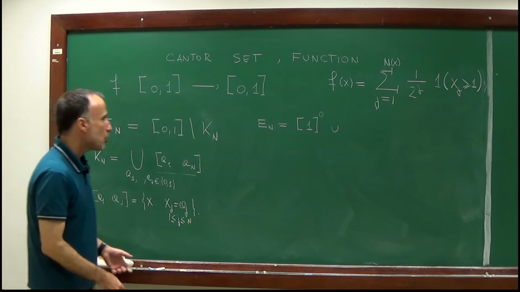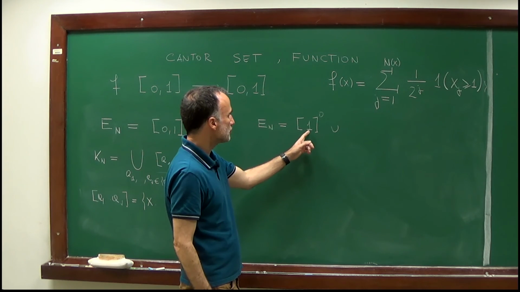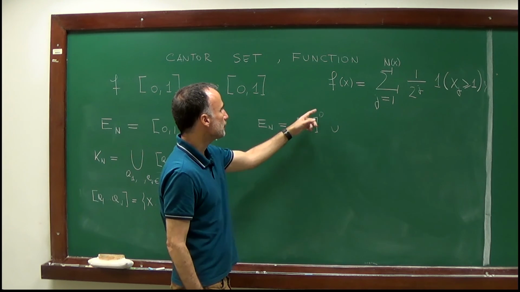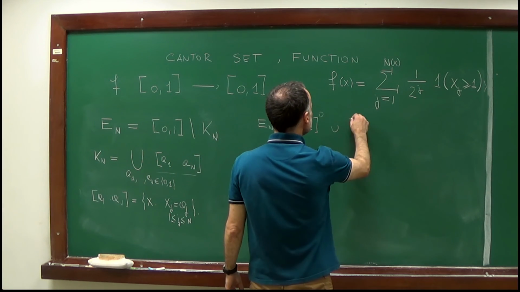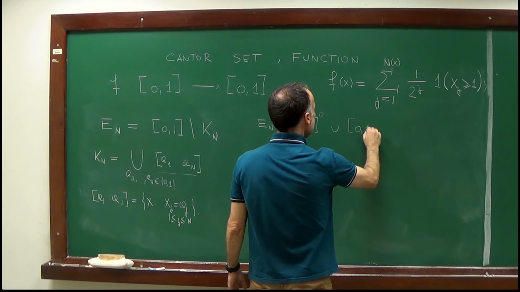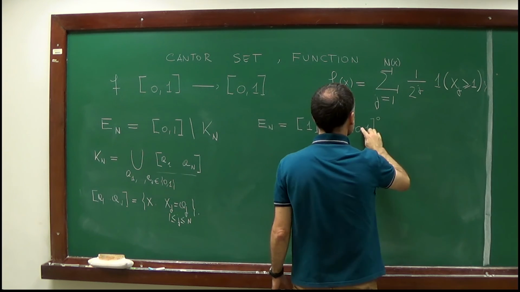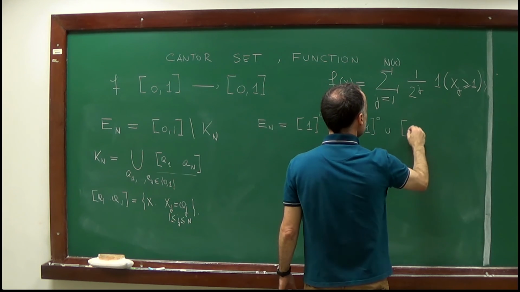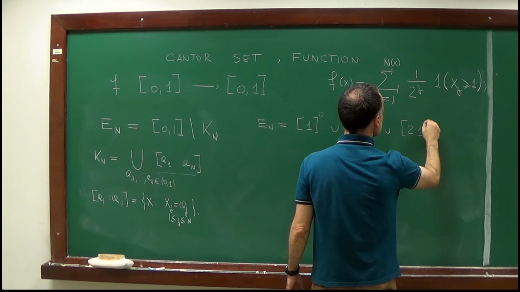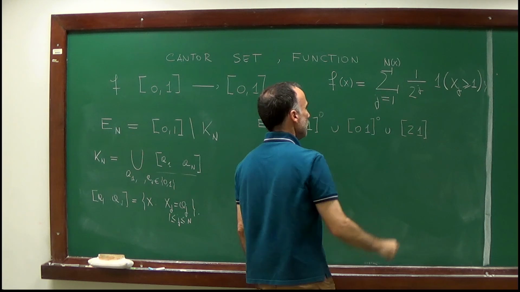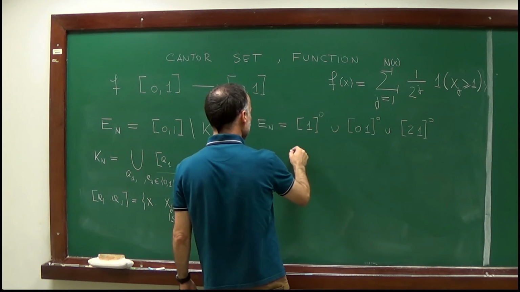So you take all points whose first digit is equal to 1, and you take the interior points of that. Or you start with a 0, and then you get a 1. Or you start with a 2, and then you get a 1, and so on.